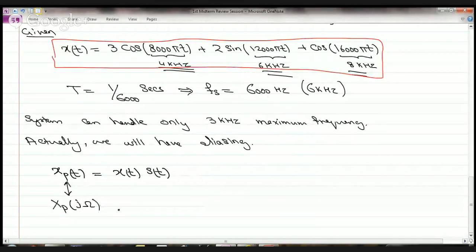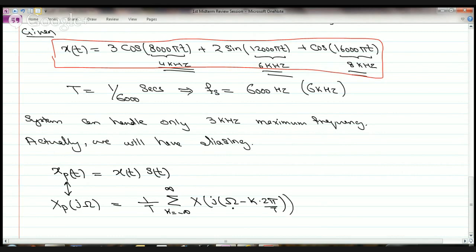X_p of j omega is 1 over T, summation k from minus infinity to infinity, X of j omega minus k omega_s, or k times 2 pi over T. Okay. And you can then try to plot it and go through the analysis, but it can become a little bit cumbersome. An easier way is to just look at where the frequencies are going to get mapped using the aliasing plot that we had shown earlier.